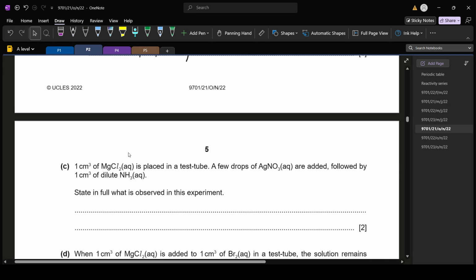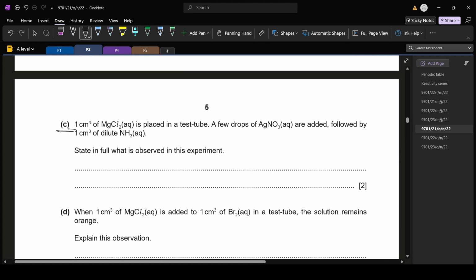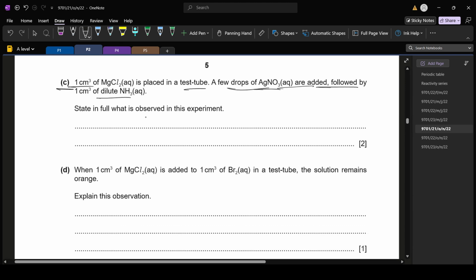Moving towards the next part, part C. 1 cm cube of magnesium chloride is placed in a test tube. A few drops of silver nitrate are added, followed by a 1 cm cube of dilute ammonia. State in full what is observed in this experiment.